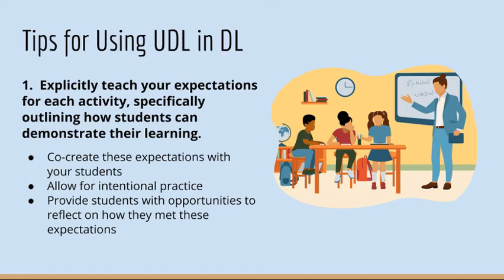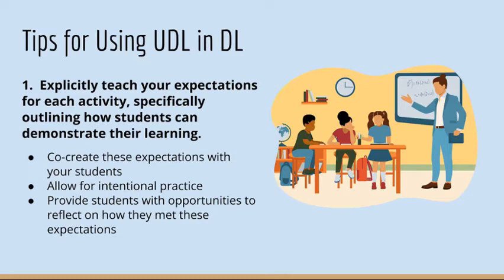Once these conditions for learning have been met, we can start examining some UDL-inspired tips for the DL classroom. Today, you're going to learn the first 3 tips. Tip number 1, explicitly teach your expectations for each activity, specifically outlining how students can demonstrate their learning.